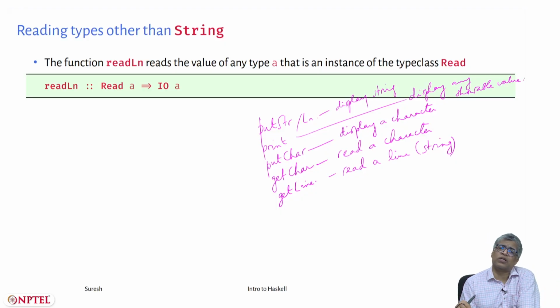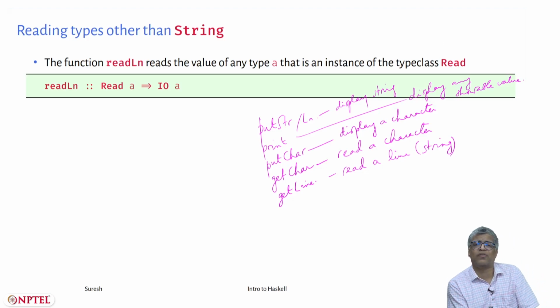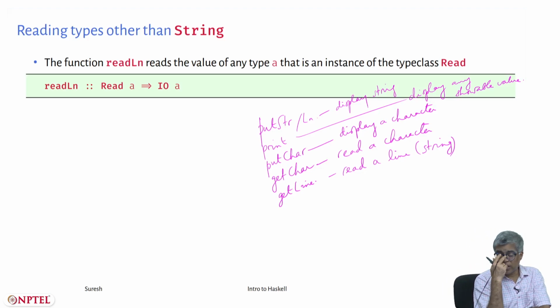What we would want is an equivalent of print, and that is called readLn, which will read any readable value. Okay, so note that the type class Read is the sort of the opposite, the dual, of the type class Show. These are all things that the user can enter on the keyboard and they can be unambiguously parsed as a correct value. Okay.